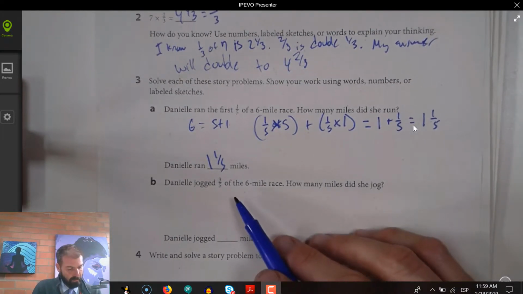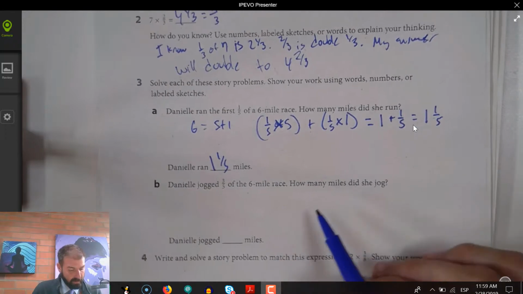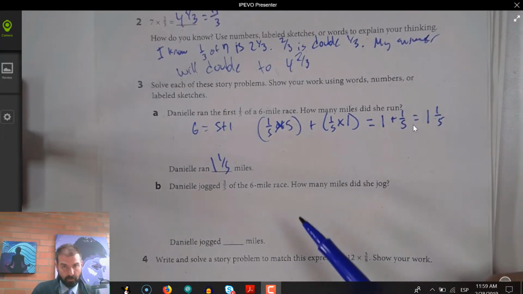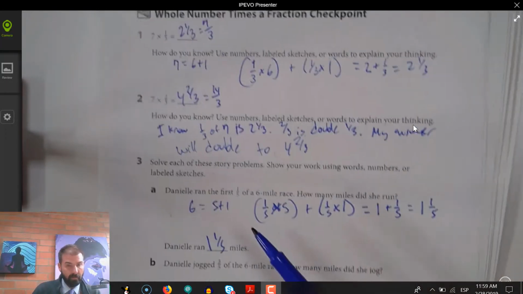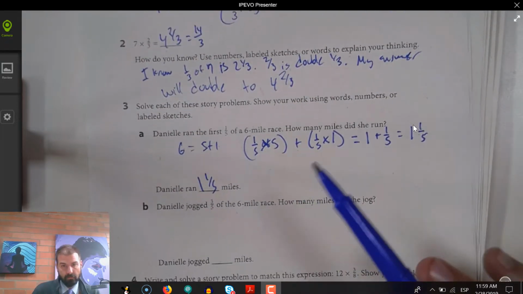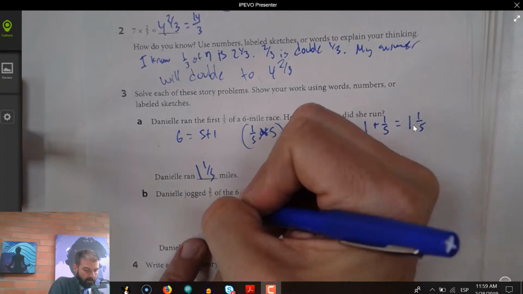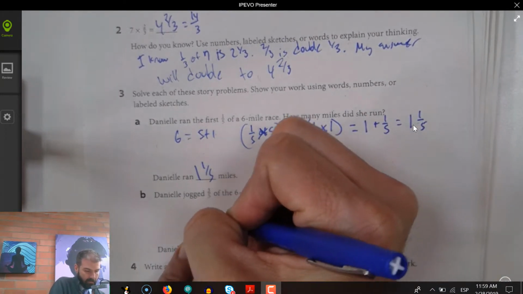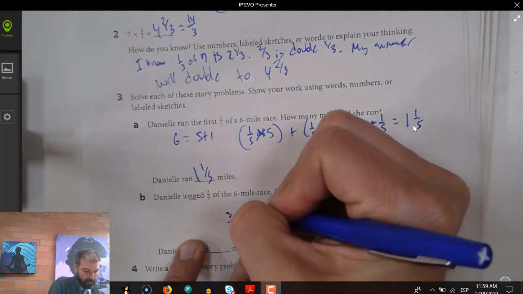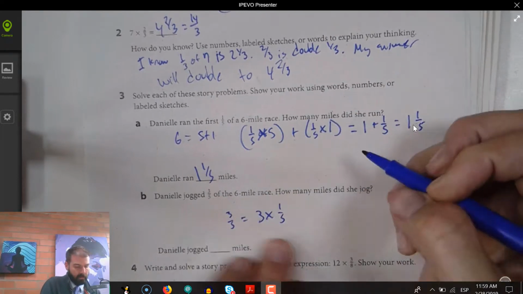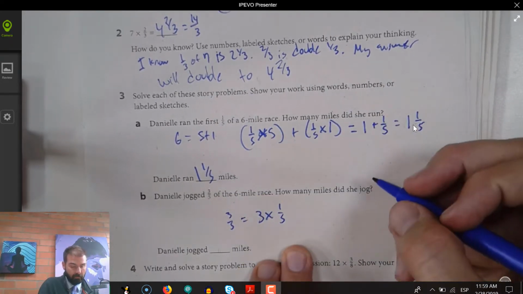Danielle jogged 3/5 of the 6-mile race. How many miles did she jog? Well, again, I could go back to what I did up here. It's triple now. So I know 3/5 is the same as 3 times 1/5. I already found 1/5 of 6 up here.